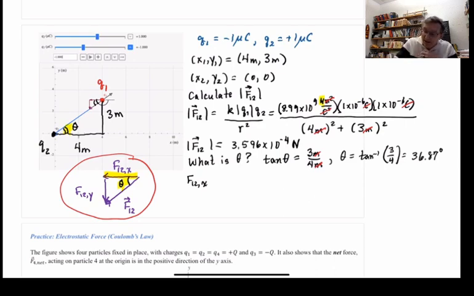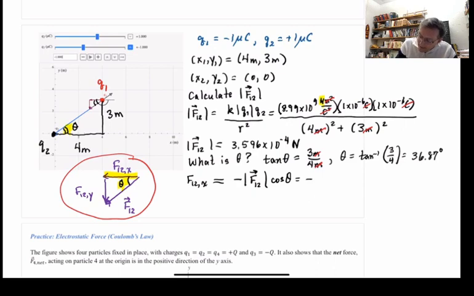And what you've got to realize here, this is the way I'm going to do it, is that this little component arrow points to the left. The left is negative x, so this component is negative. I've got to put that negative in by hand. And that x component is adjacent to the angle theta. So I take cosine theta and I multiply by the hypotenuse, the magnitude of F12, right? Because it's a force triangle. So I take the magnitude of F12 times the cosine of theta with a negative sign.